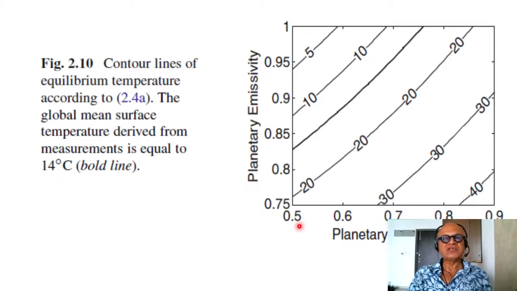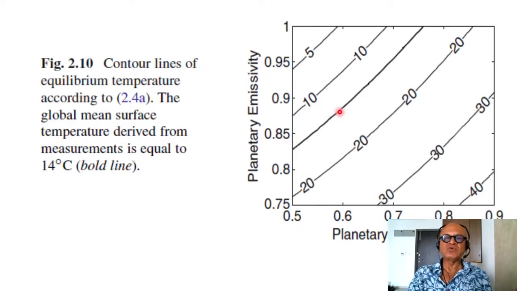So we are going to fix the planetary albedo at 0.3 and look at the solution, the temperatures we get if we change planetary cloudiness. And again, we can change the average temperature T2 over a large range. But over the realistic value of 14 degrees C, we use planetary cloudiness value from satellites to go here and find that now the planetary emissivity we get is realistic.